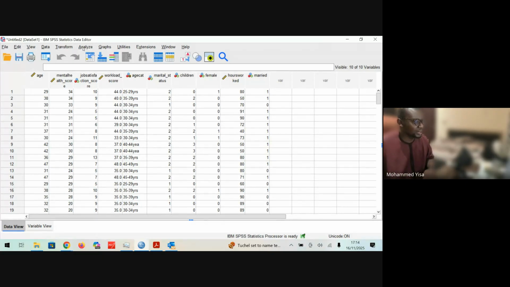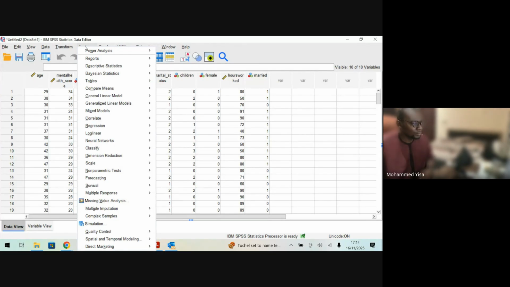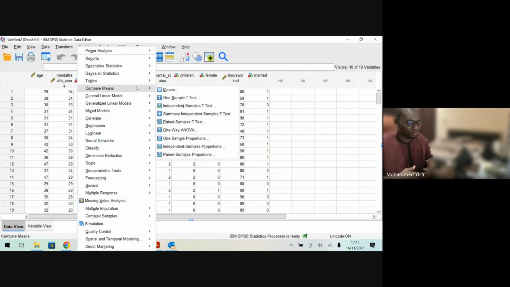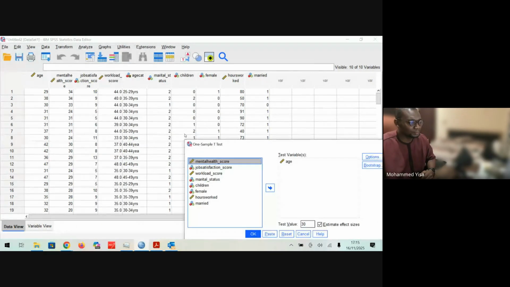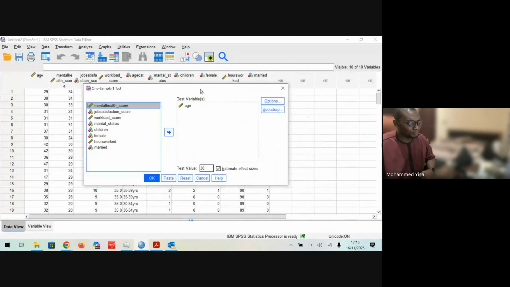one sample t-test. So when you want to do that, you come to this ribbon up here and select analyze, and then compare means, because t-tests and ANOVAs all compare means. And then we come to the one sample t-test. Now, on this left box, you have all the variables available for selection. And on this right box, you have the variables that have already been selected for analysis.